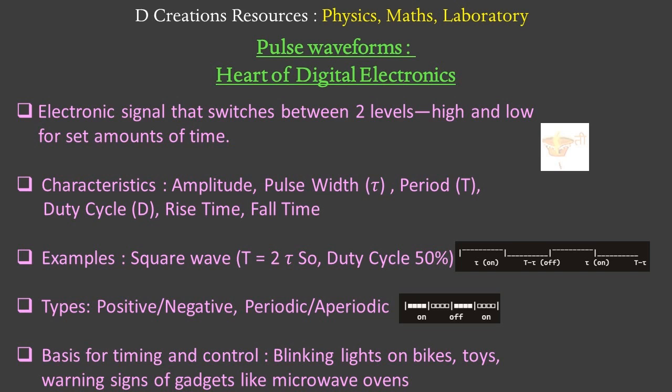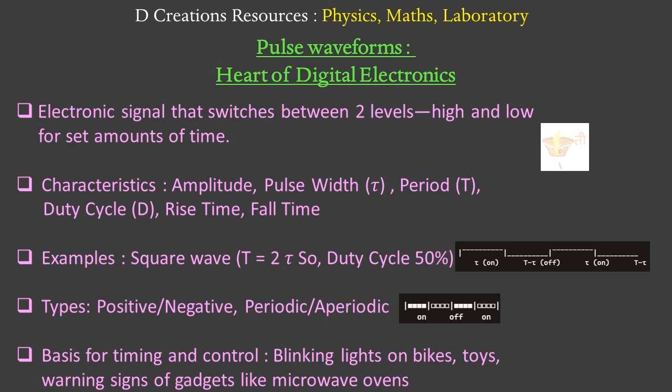Now it is going to be related to the two earlier characteristics that we spoke about, namely the pulse width and period. And how will it be related? If you recall, pulse width is the time duration the signal stays at the high level during one cycle, and period is the total time for one complete on then off cycle.